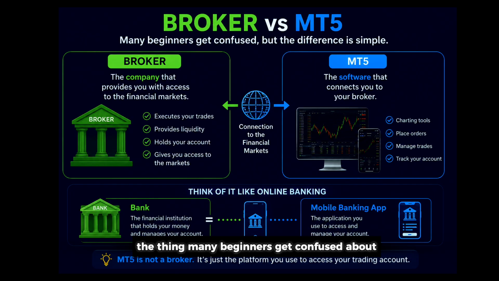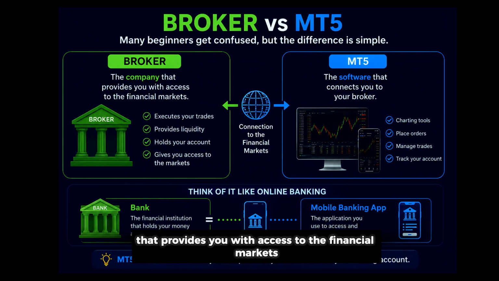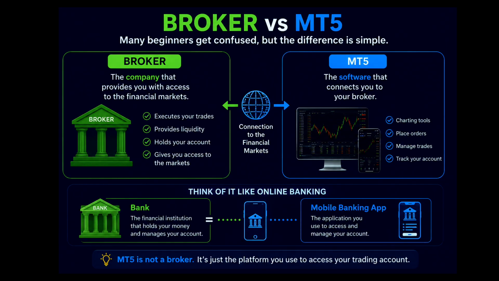Many beginners get confused about the difference between a broker and MT5. Your broker is the company that provides you with access to the financial markets, while MT5 is simply the software that connects you to your broker.